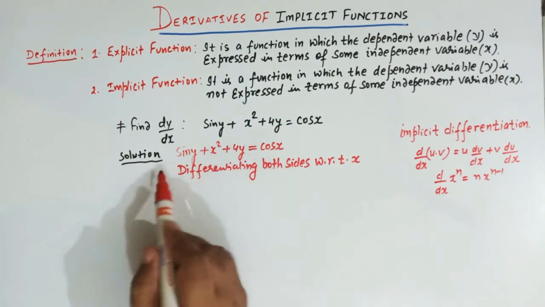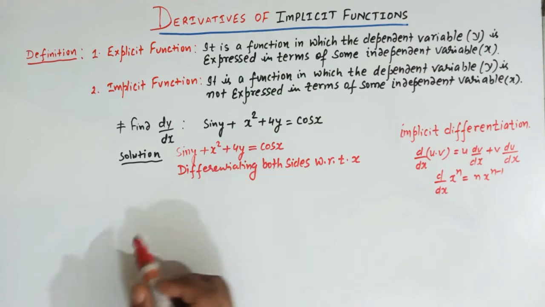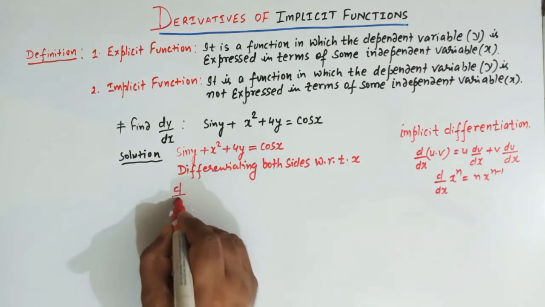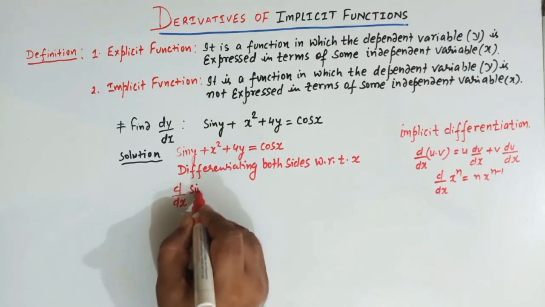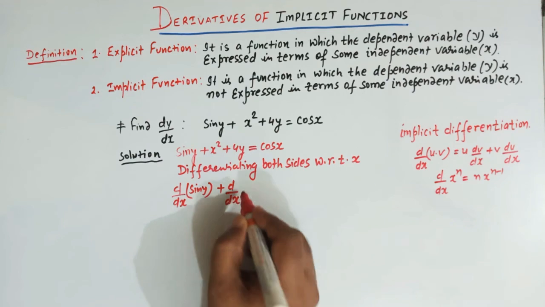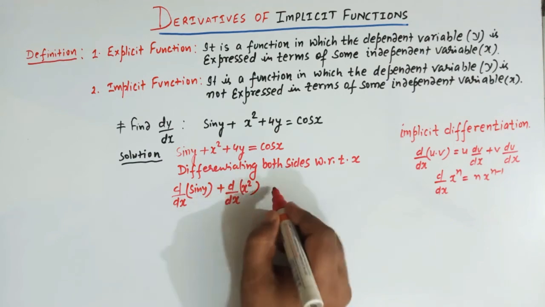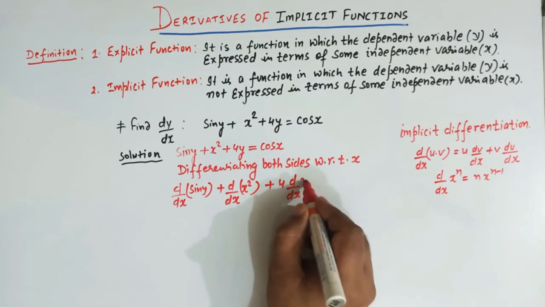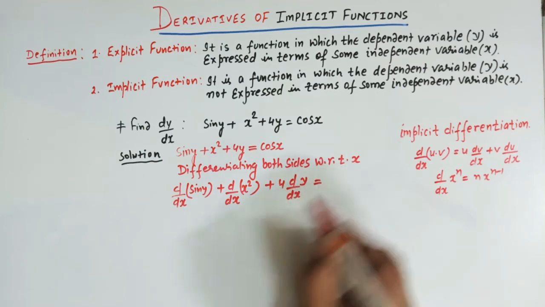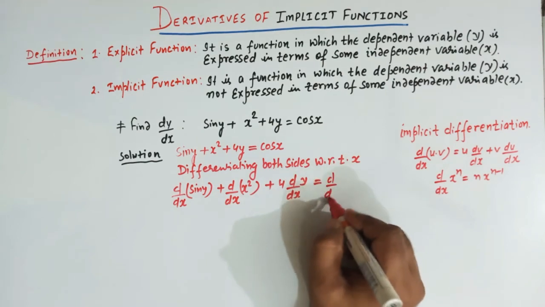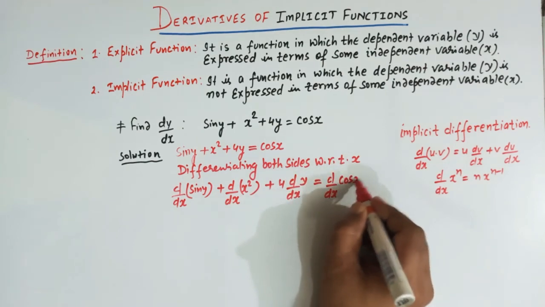So let us differentiate both sides with respect to x. So we have here d by dx of sin y, then we have the derivative of x square, and then we have the derivative of 4y, and on the right hand side we have the derivative of cos x.